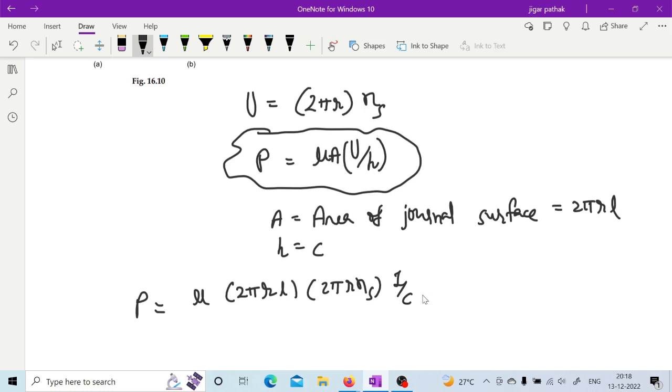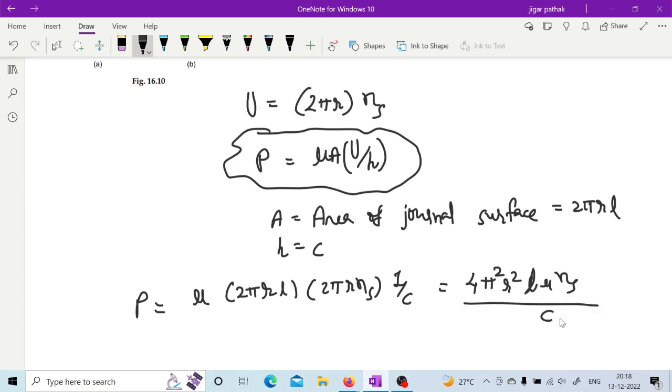So if you simplify, then it is 4 pi square r square l mu ns upon c. 4 pi square r square l into mu into ns divided by c.